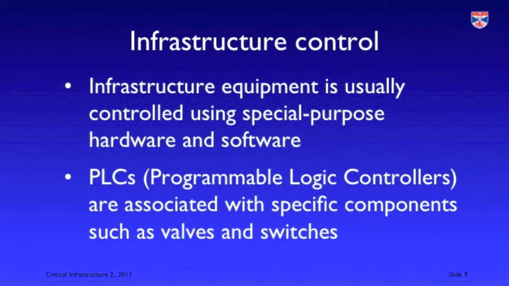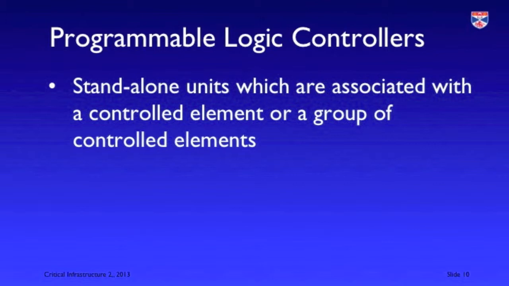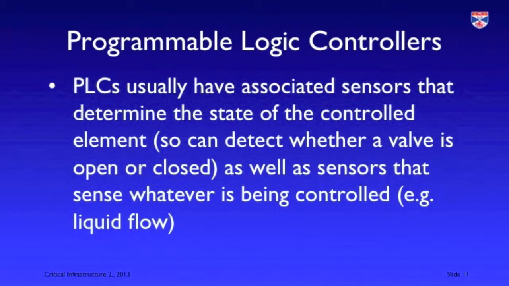If we look at the individual elements of the physical infrastructure, it's generally the case that each of these individual elements has got a small control system associated with it, and this is called a PLC, or Programmable Logic Controller. PLCs are standalone units which incorporate a microprocessor and which are explicitly designed to control hardware or mechanical equipment.